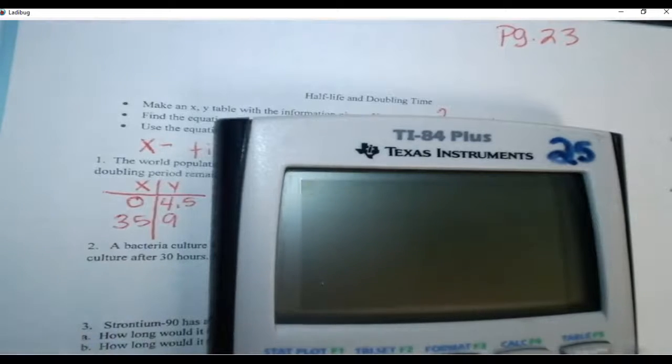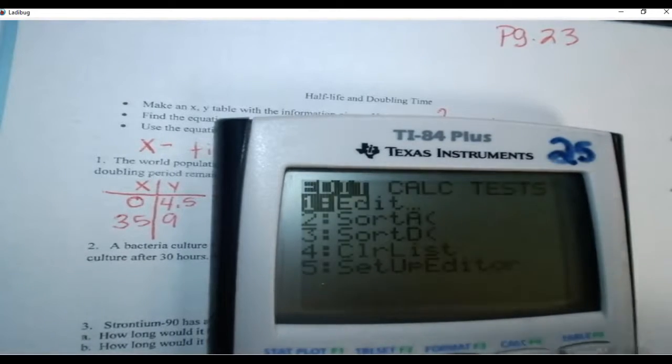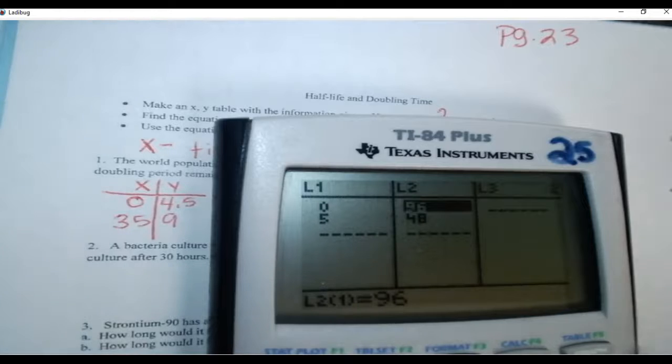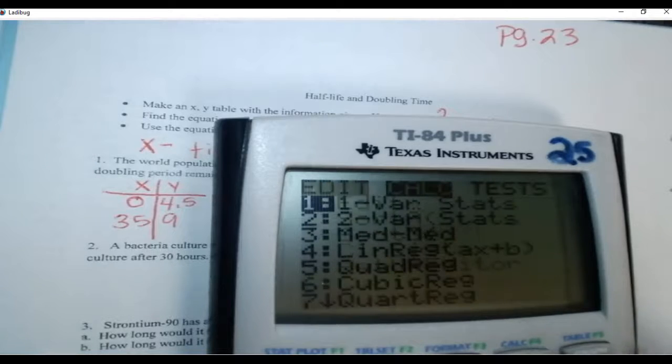Alright, so then we can type these in our calculator. So remember, we go to stat beside our arrows, hit enter, same way that we were doing those graphs at the beginning of the unit. So L1 are our x's, L2 is our y's, and then we go stat calc 0.